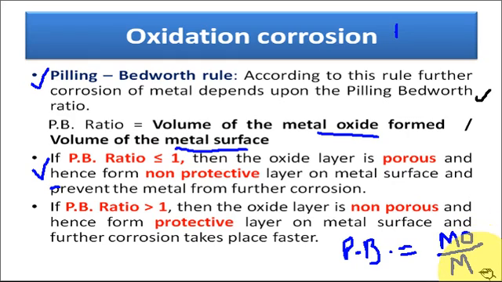Less than 1 means there is a small amount of metal oxide and a large amount of metal, the complete metal volume. So the layer formed will be a porous layer and a non-protective layer. In such cases, metal undergoes corrosion at a faster rate.